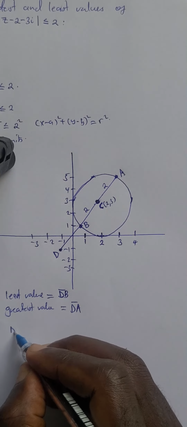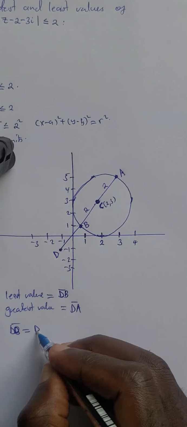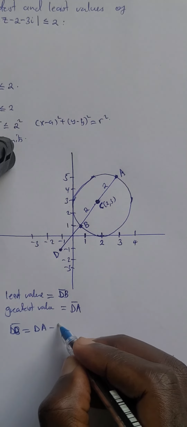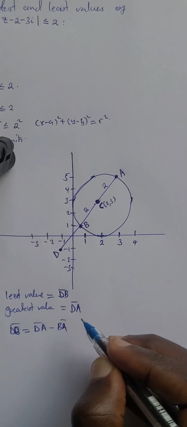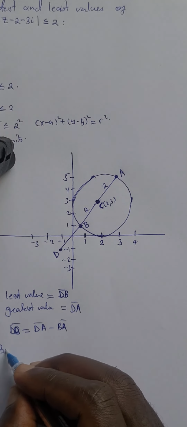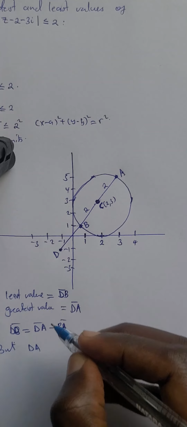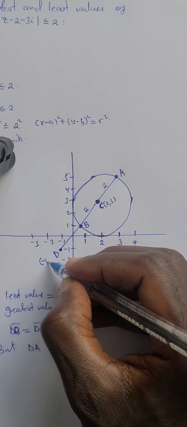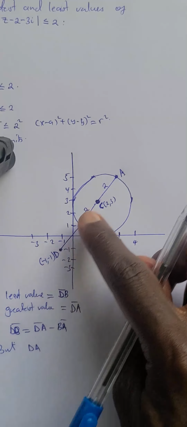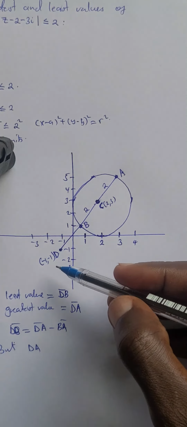So now my dB will be equal to dA minus BA. So how do I get dA? Remember this point here is (-1, -1), so we are getting the distance between these.